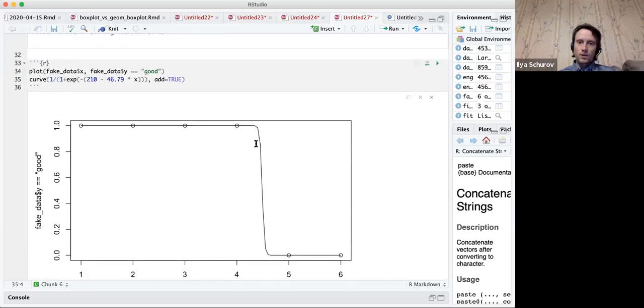So you see that this curve is almost just here we have almost a vertical line. So this is almost a step.